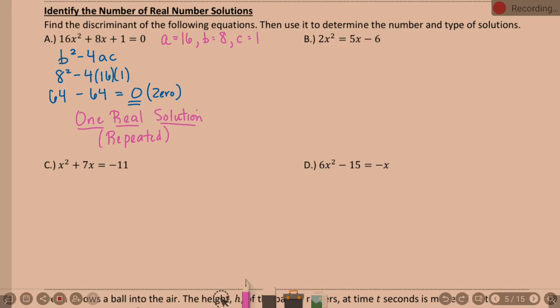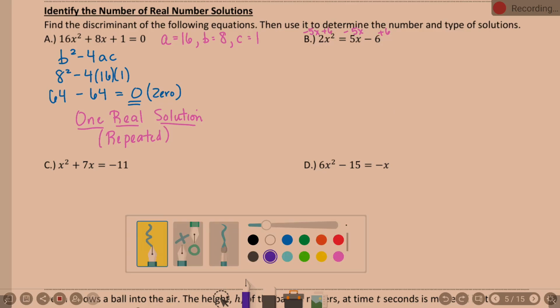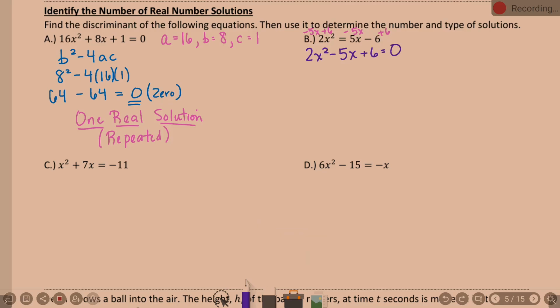However, in this scenario, you could subtract the 2x squared and it wouldn't matter. But I personally am going to subtract 5x and add 6. So I end up with 2x squared minus 5x plus 6 equals 0.